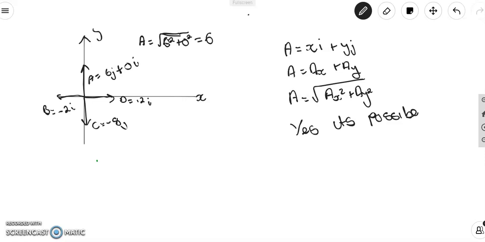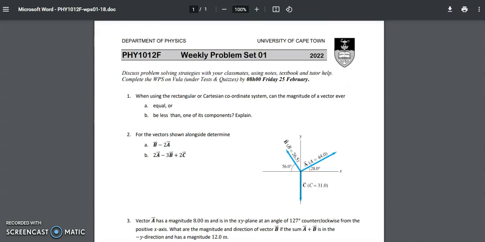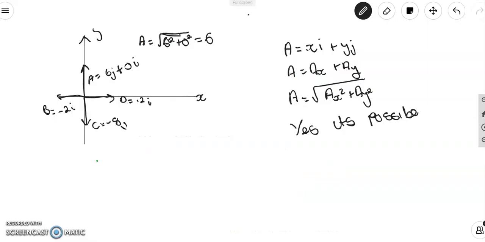So yes, it's true. The magnitude of a vector can be equal to one of its components, and this is true when the vector lies on the axis. So we're done with the A part. Can the magnitude of a vector ever equal one of its components? Yes, it can. And then, can the magnitude of a vector ever be less than one of its components?